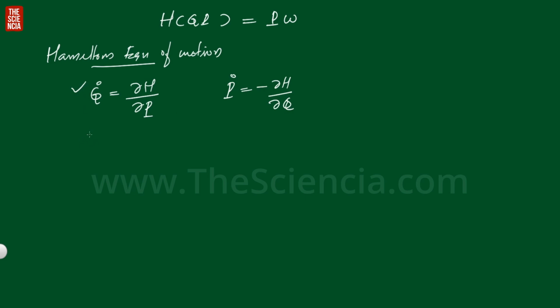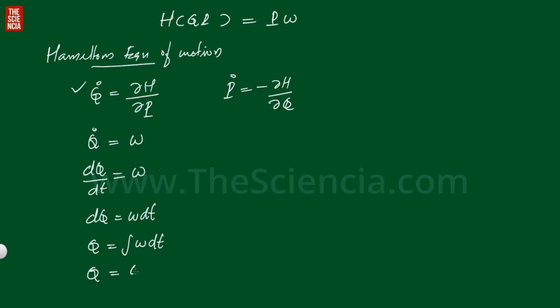So what we get is Q dot equal to dou H by dou P, that is omega. That is, Q dot is dQ by dt, and that is equal to omega. Therefore dQ is equal to omega dt. So to find Q, we have to integrate, that is integral omega dt. So on integration we get Q is equal to omega t plus a constant of integration.